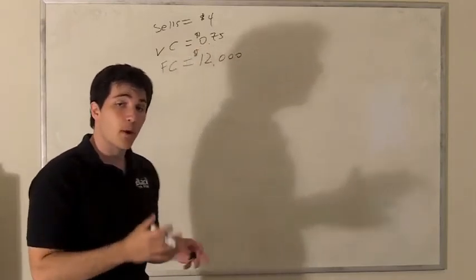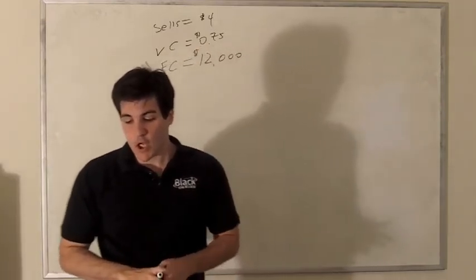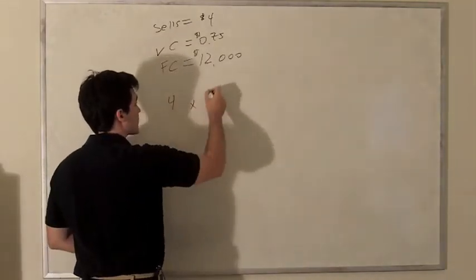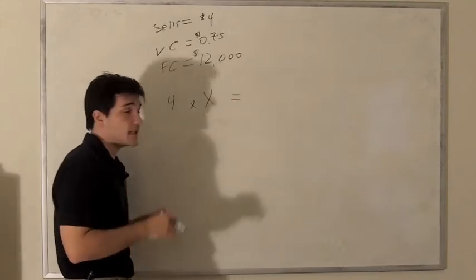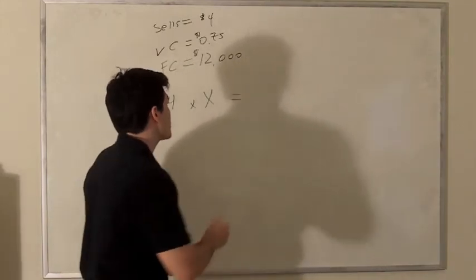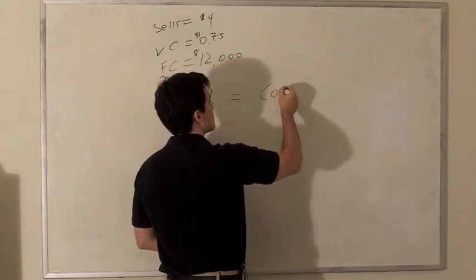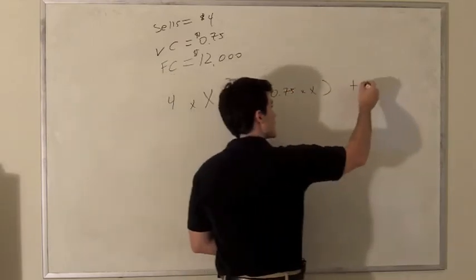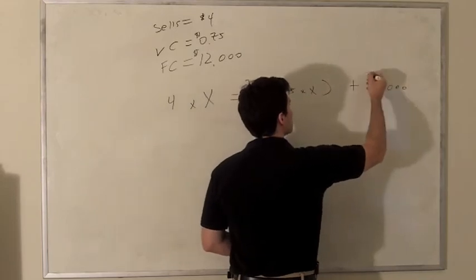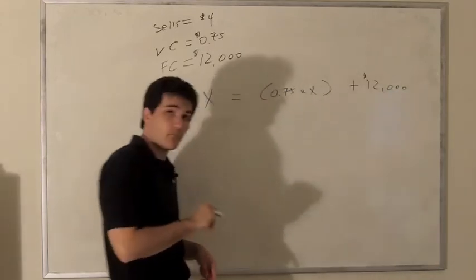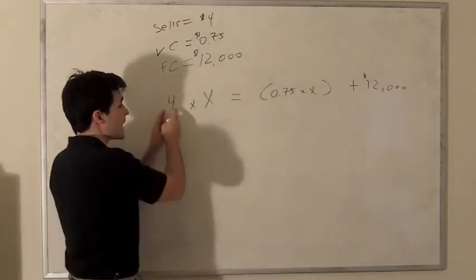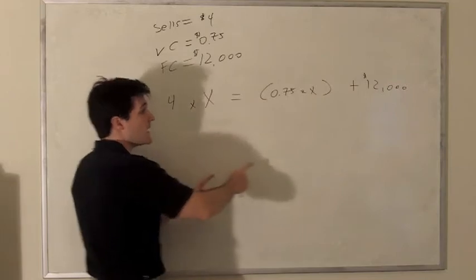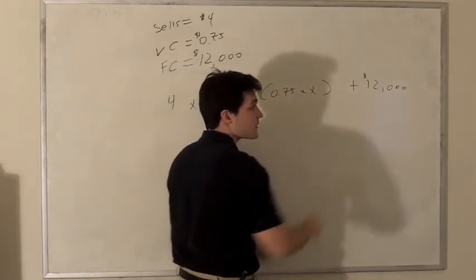Using our break-even formula, you're going to put the sales price, $4, times X. This is going to equal your variable costs, 75 cents times X, plus your fixed costs. What we're saying here is that the sales price times the number of units sold has to equal the variable cost plus the fixed cost.